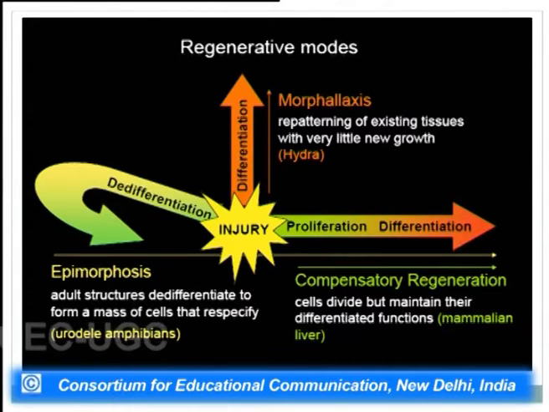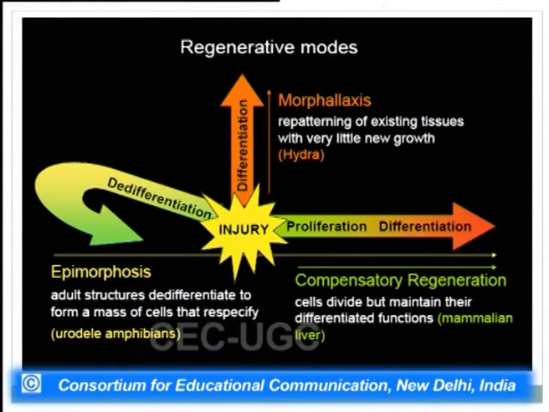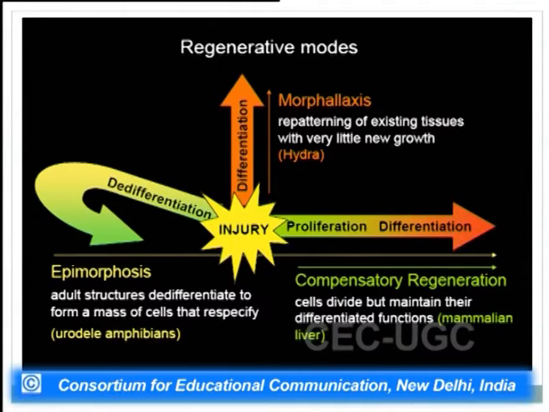These post-embryonic developmental processes almost reinitiate the developmental processes which were taking place while the organism was formed. All these mechanisms involve one or the other of proliferation and redifferentiation or dedifferentiation, or the retainment of differentiated functions.